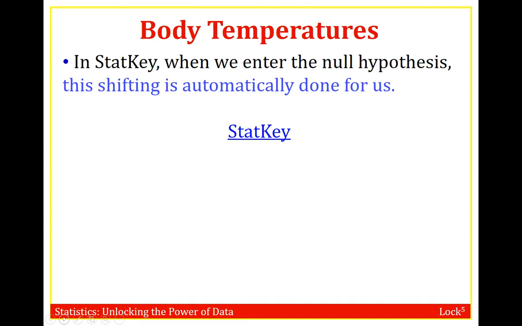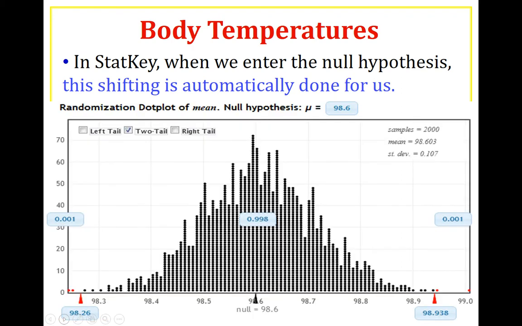In StatKey, when we enter the null hypothesis, the shifting is automatically done for us. The shifting is automatically created for us, and it does all of the work for us. I really don't need to show you that. It happens when a null, for instance, of 98.6 is entered, that is my null hypothesis of my center.